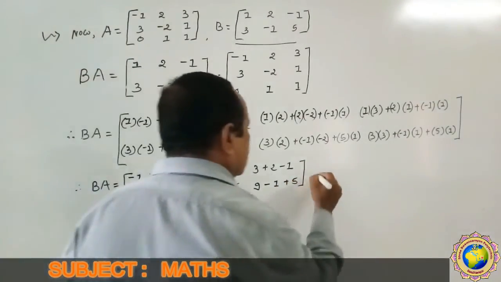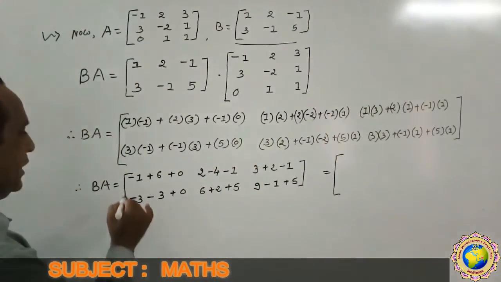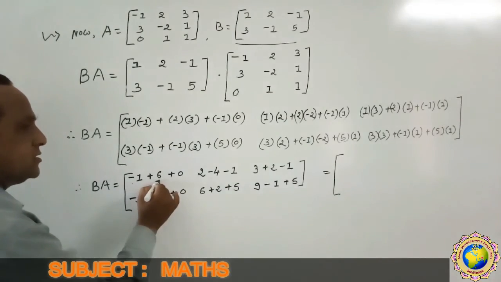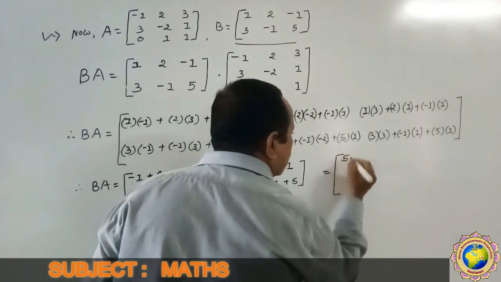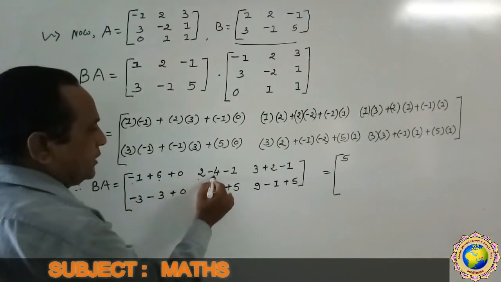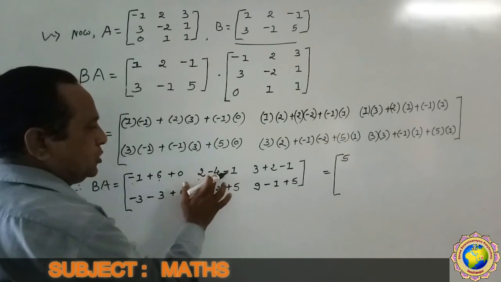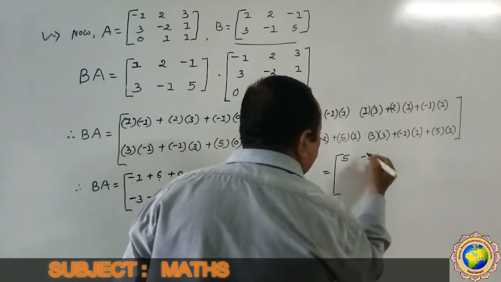So here, minus 1 plus 6 is 5, plus 0, equal to 5. Now 2 minus 4 is minus 2, and minus 1 is minus 3.